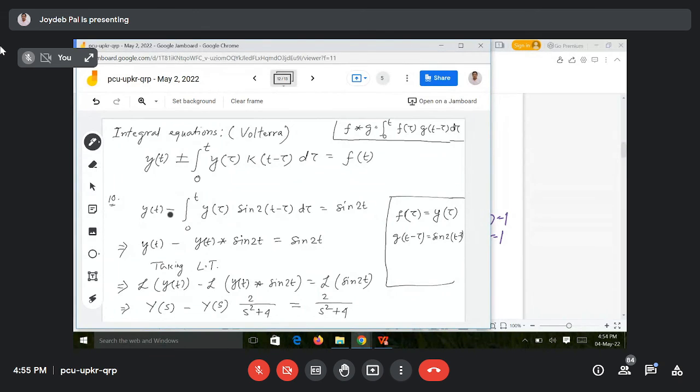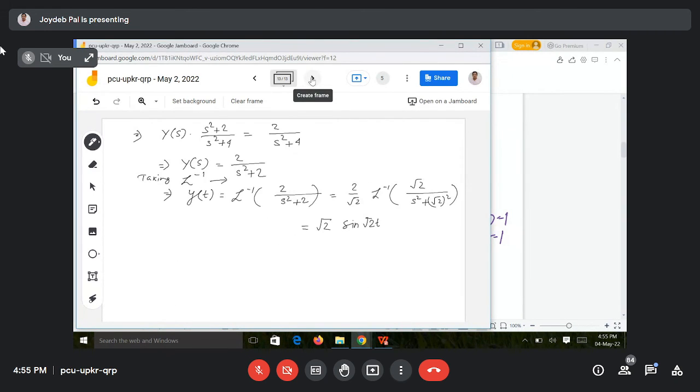First of all, you convert that integral into convolution. Then you take the Laplace transform. After that, you apply the convolution theorem: the Laplace transform of yt star sine 2t is fs into gs. By that formula you write, then you simplify and write what ys is. Now, from ys to yt, you have to take the Laplace inverse.